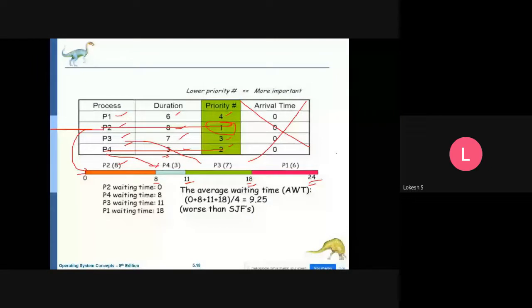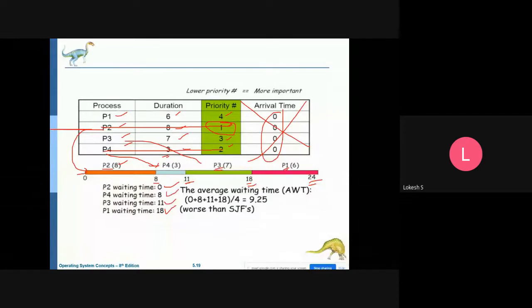Now we need to calculate the waiting time. What is the waiting time for P1? Everything came at the 0th second only. P1's waiting time is 18, P2's waiting time is 0, P3's waiting time is 11, and P4's waiting time is 8.